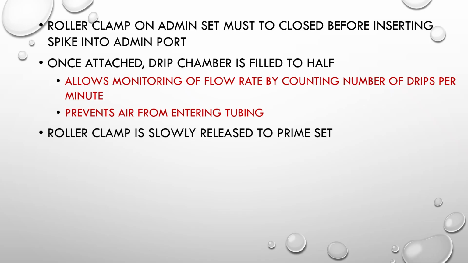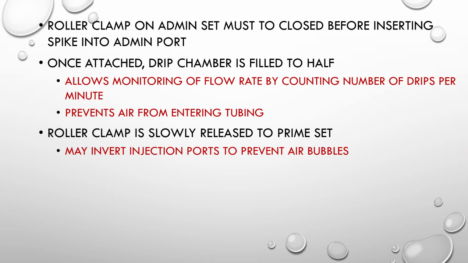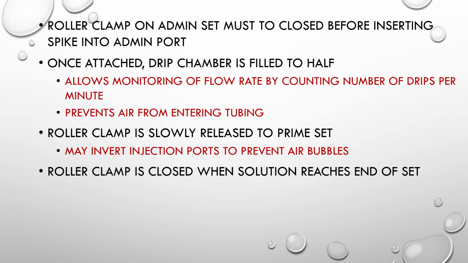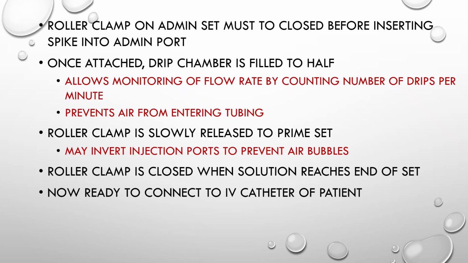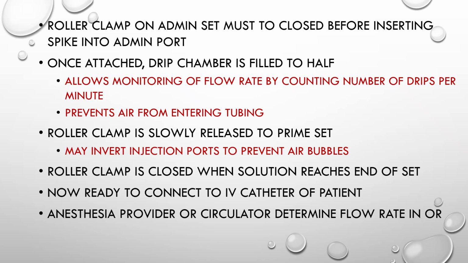Then that roller clamp is slowly released to what's called prime the set, which is just filling the set with the solution. So this may invert injection ports to prevent air bubbles. And then we close the roller clamp once the solution is at the end of the set and is now ready to connect to the IV catheter of the patient.